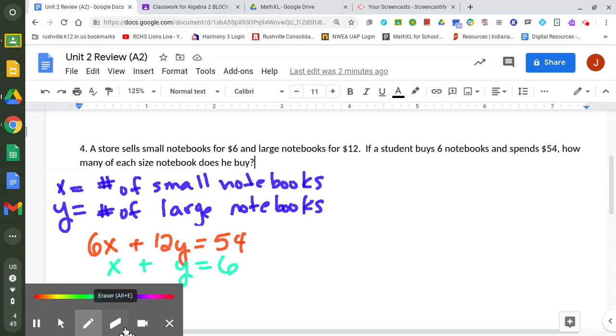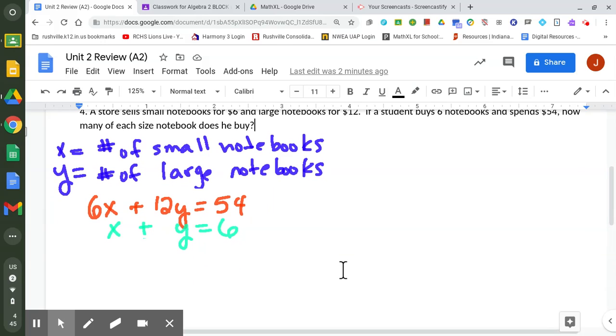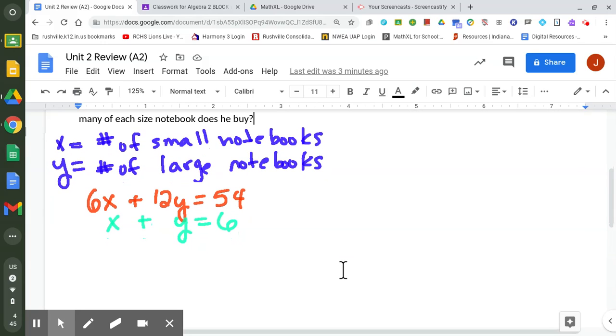So I would like to eliminate, and it doesn't matter whether you eliminate the x's or the y's, but we can go ahead and eliminate the x's. And so I am going to multiply my bottom equation by -6.